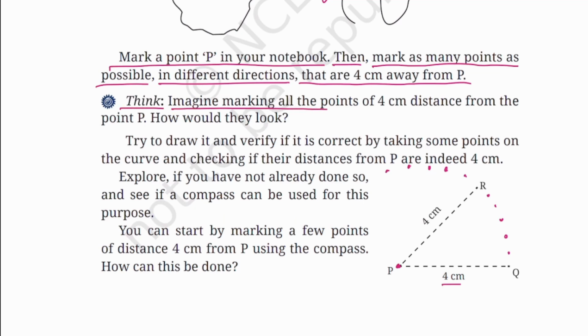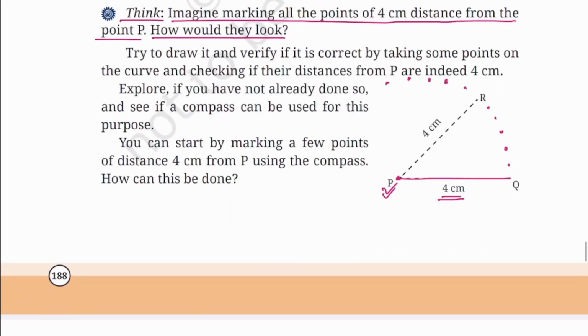Imagine marking all the points at a distance of 4 cm from the point P. How would they look? They will look like a circle. Point P will be called the center of the circle and the radius is equal to 4 cm. You will get a big circle like this.